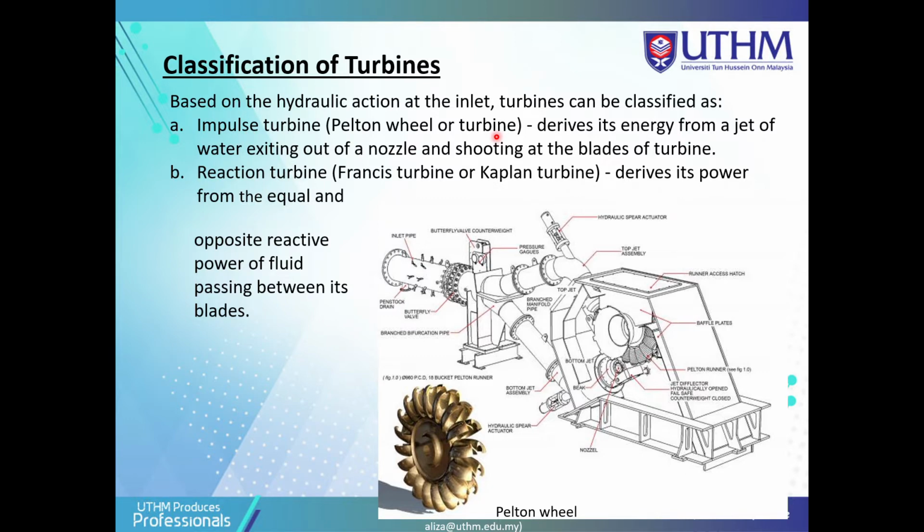So there are two types. Maybe your questions ask you to mention, list out or state the types of turbine. You can list that the impulse turbine is the Pelton wheel, and the reaction turbine is the Francis turbine or Kaplan turbine. This derives its power from the equal and opposite reactive power of fluid passing between its blades.